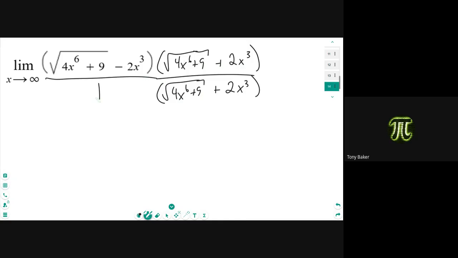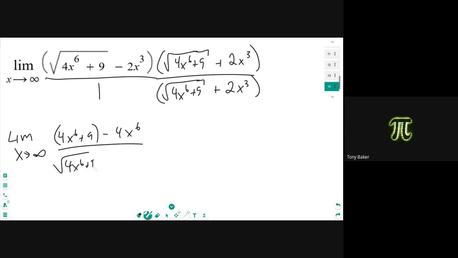Over here, I really have a 1 down the bottom because that's the denominator. So now, multiplying this out, I get 4x to the 6 plus 9 minus 4x to the 6 on the top, and the square root of 4x to the 6 plus 9 plus 2x to the 3rd on the bottom.